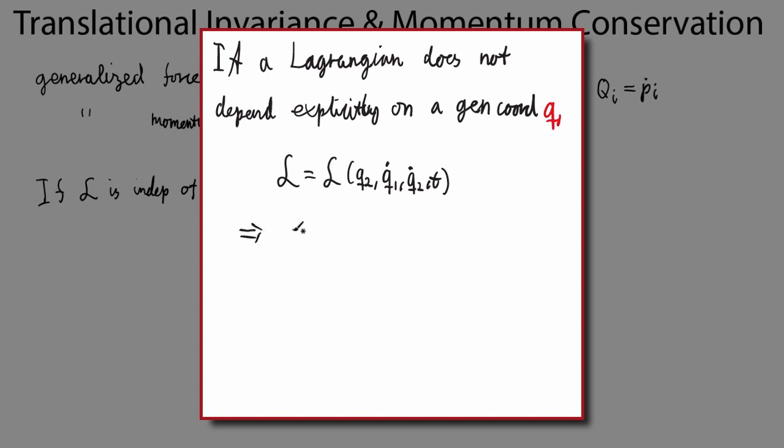And this means then that p1 dot is 0, or that p1 is a constant. The generalized momentum corresponding to this generalized coordinate is constant. If that's the case, then this generalized coordinate is said to be ignorable.